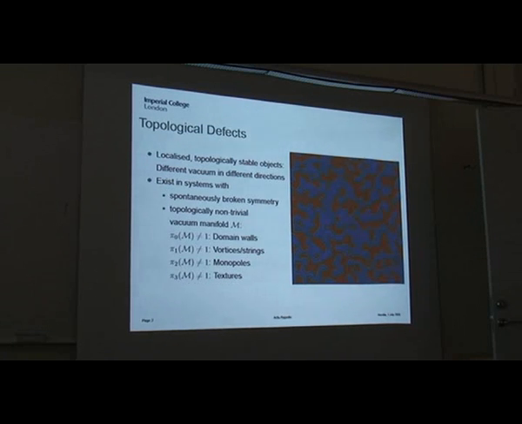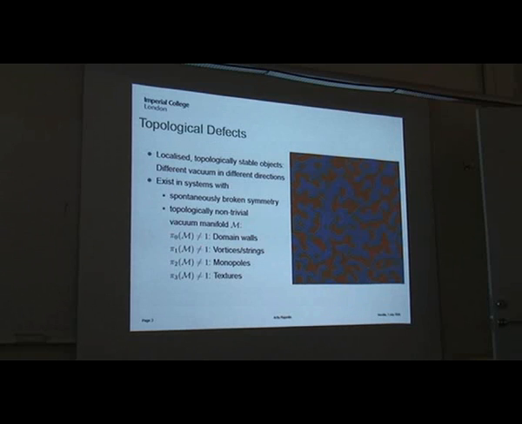And the simplest example is a domain wall. So here's just a picture of a domain wall network. There are two different vacua, red and blue, and between them you have a domain wall. Depending on the topology, if the zeroth homotopy group is non-trivial, then you have domain walls.